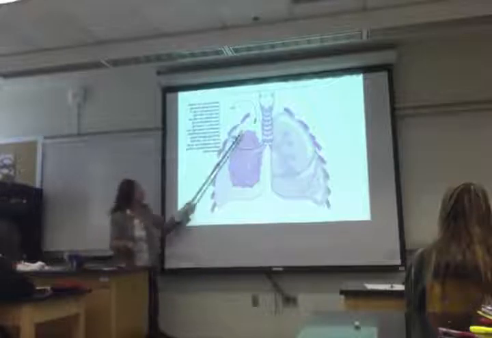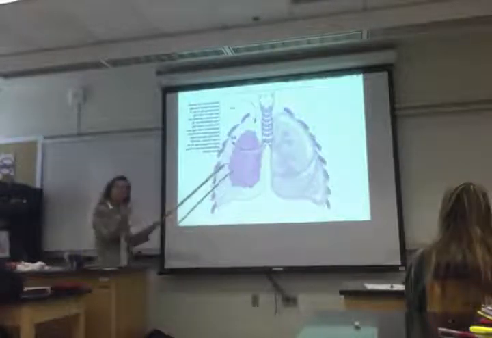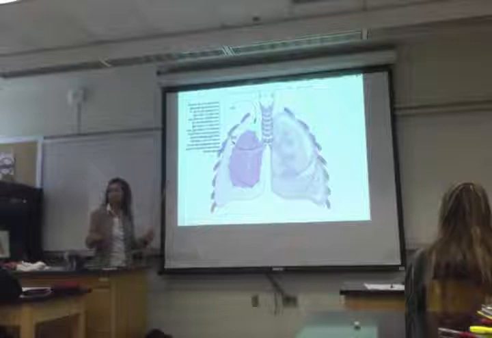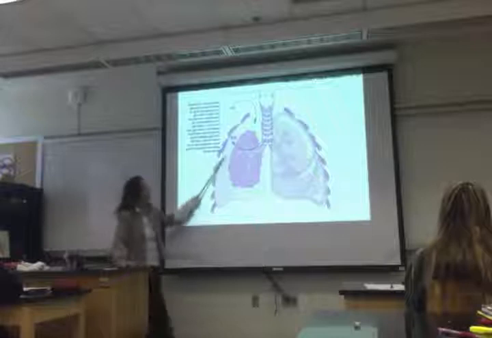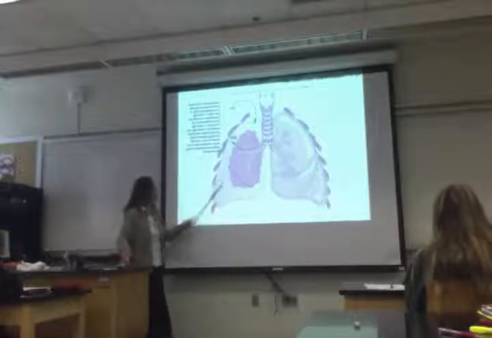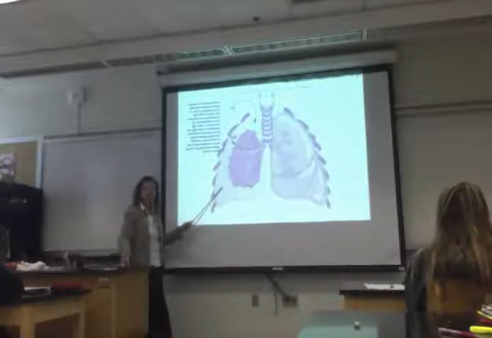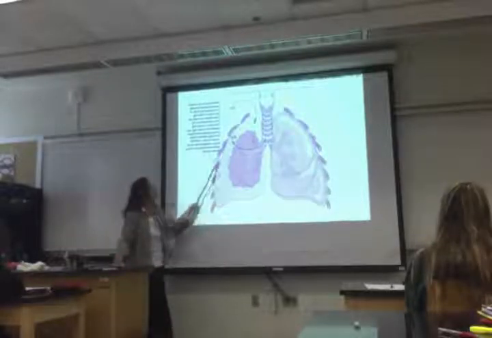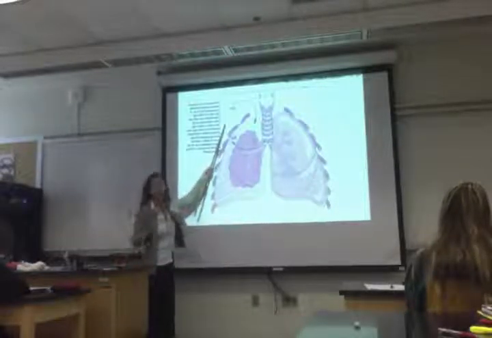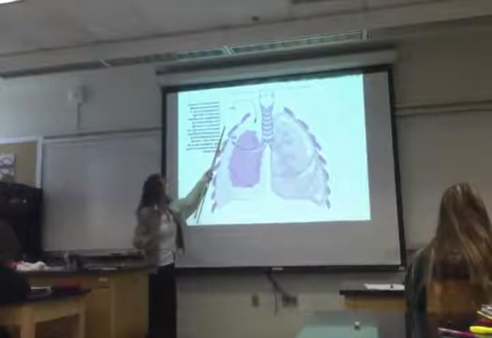So based on what we already know about all those pressures that we set up so carefully, remember, at rest, our intrapleural pressure in here was -4, compared to 0. Remember that?